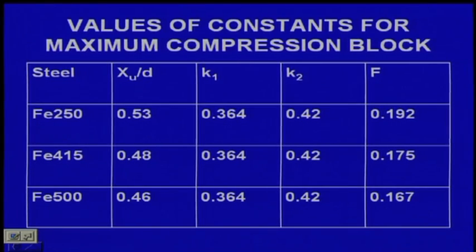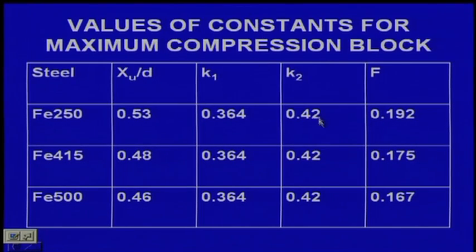So, values of constants for maximum compression block. We are considering that as a block, one straight portion, another one parabolic portion. For different steel, XU by D that we have noted down 0.53, 0.48, 0.46, K1 that is 0.364, that is constant for steel.